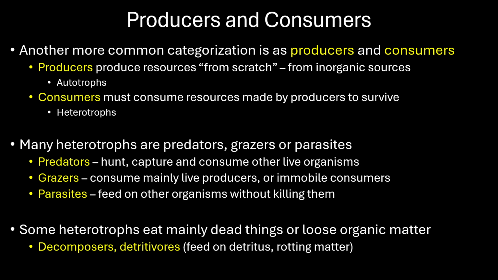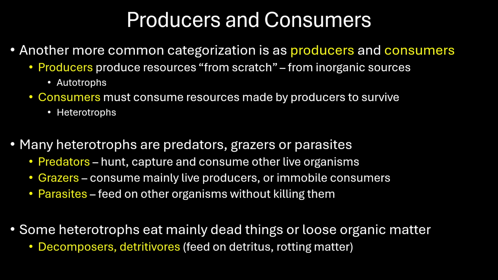Parasites, of course, are organisms that feed on other organisms without killing them, right? But we can also have variety here. There are some organisms that act as parasites that will kill their hosts, or cause, in some cases, significant injury or symptoms to their host, in which case we call them pathogens, right? And then some heterotrophs will eat mainly dead things or loose organic matter, things that have dissolved. Maybe we're talking about waste material.